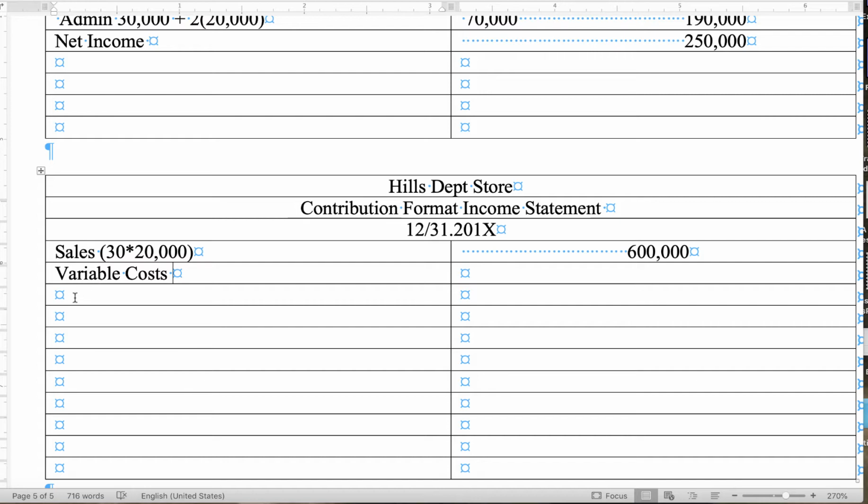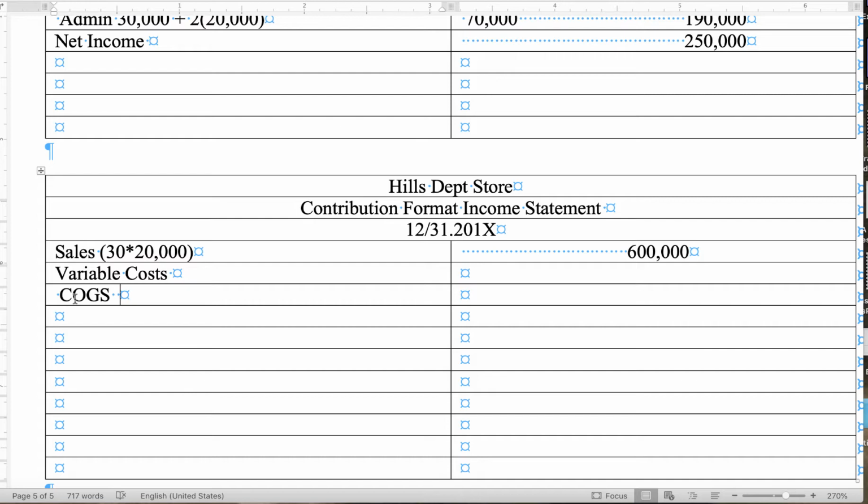Well, what's the first variable cost we have? Well, we're going to treat COGS as total variable. Okay, and we already calculated that, but we're going to do it again. Remember, beginning balance plus what was added minus ending balance tells us what we used. So I'm going to do the same thing.